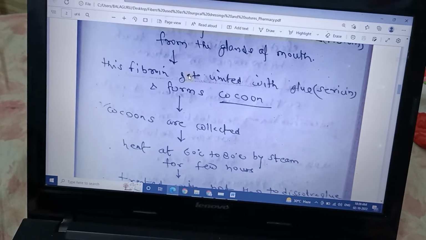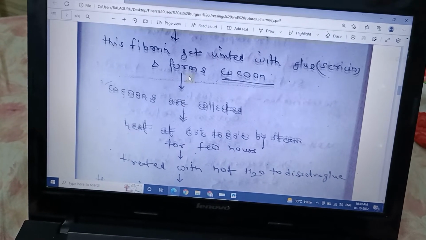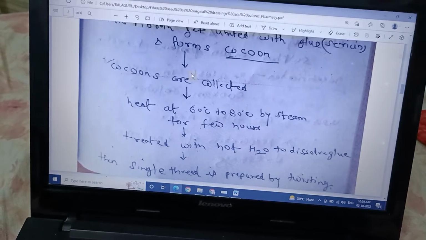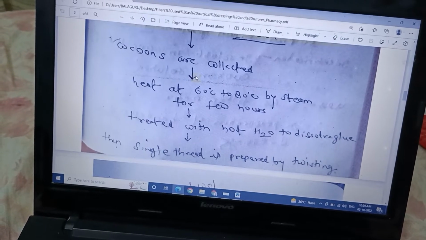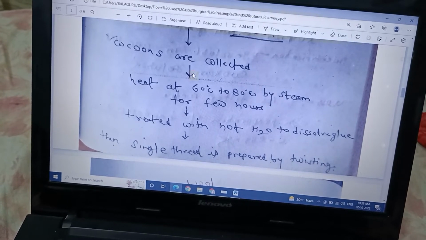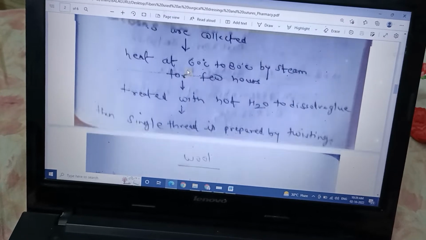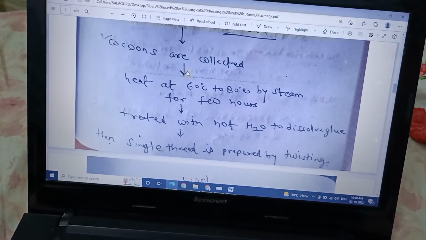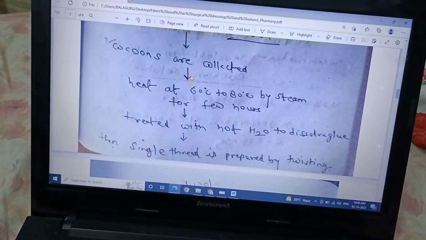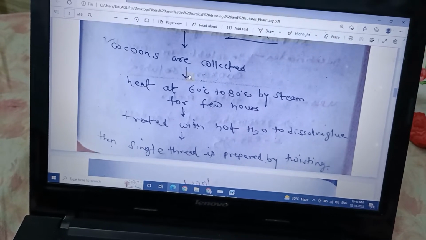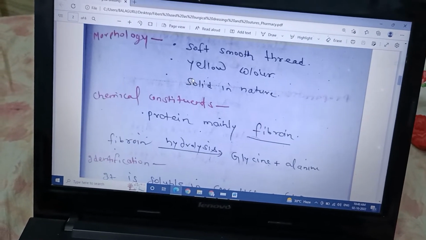Cocoons are collected and heated at 60 to 80 degrees Celsius by steam for a few hours, then treated with hot water to dissolve the glue. The single thread is prepared by twisting. So this is the preparation of silk thread.